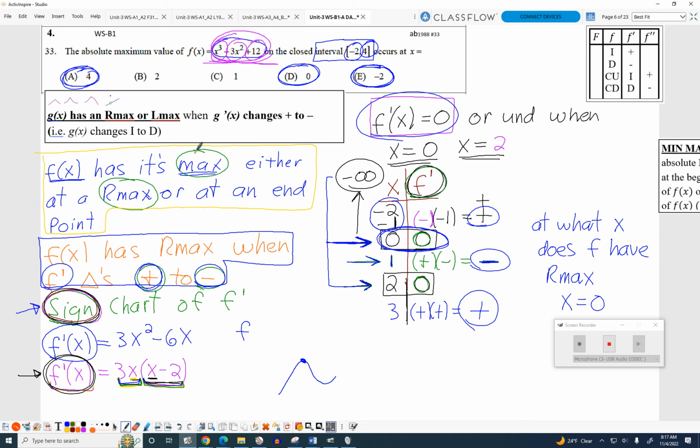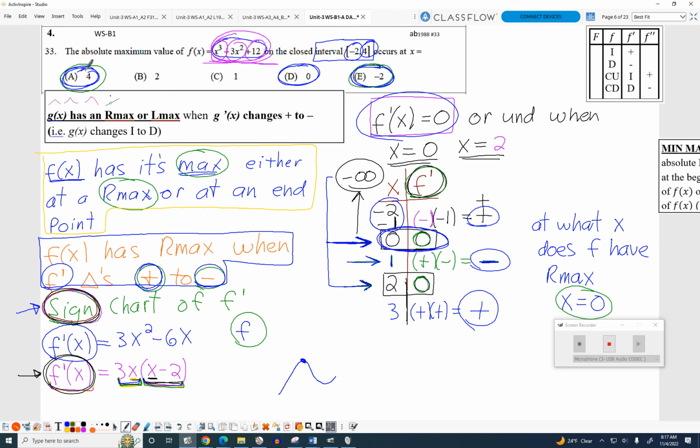It could still be 4 or -2. So we know that this graph of F has a relative max at x equal 0. That could be the highest point on F. Doesn't have to be. There could be a higher point at the very beginning spot, x equal -2. There could be a higher point at the very last spot, x equal 4.